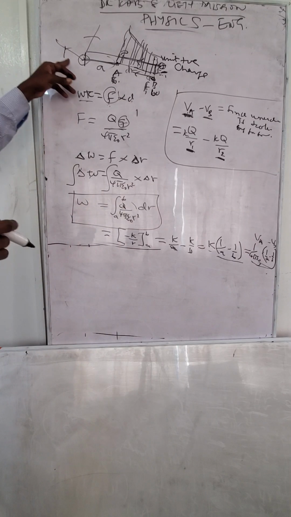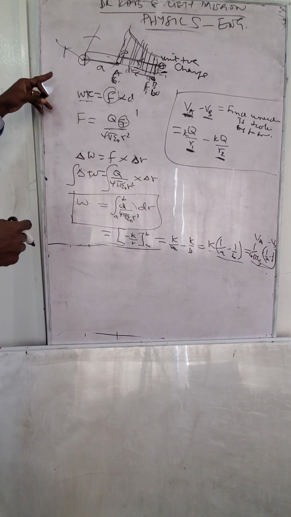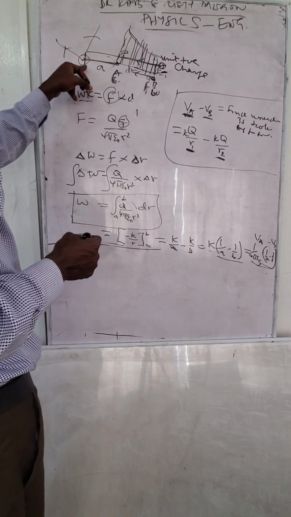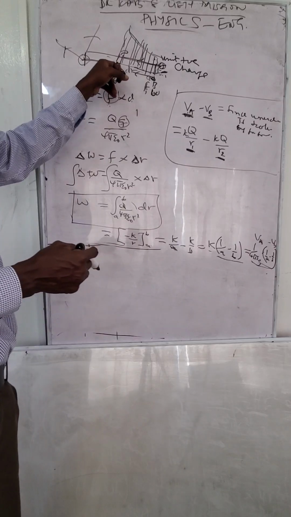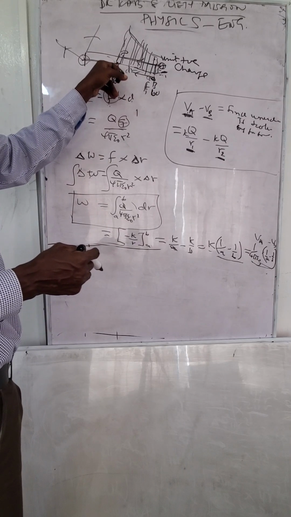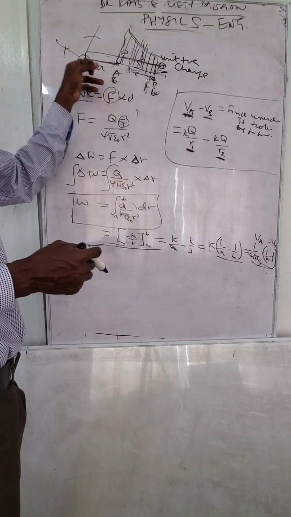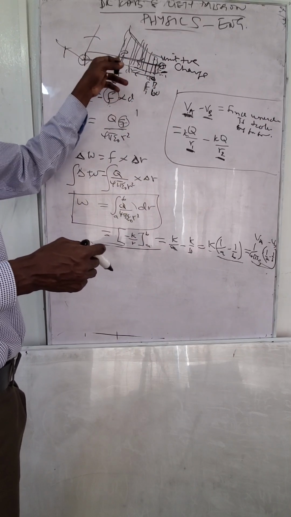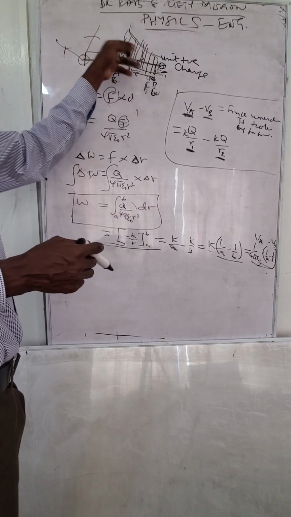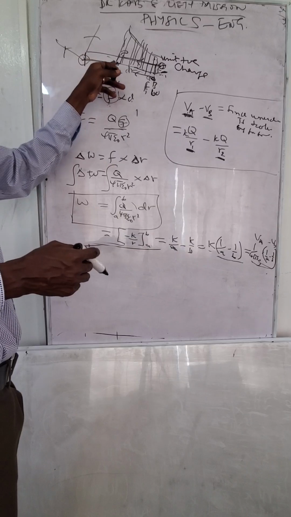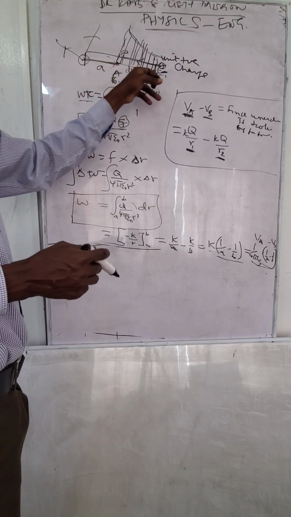Alright, so this is in an electrostatic field, with reference to a positive charge. With reference to a positive charge, the force here will be greater than the force here. So closer to the body, the force is greater. Your field is the direction in which a positive charge will move. So with a positive charge here, the force will be greater here than the force here.